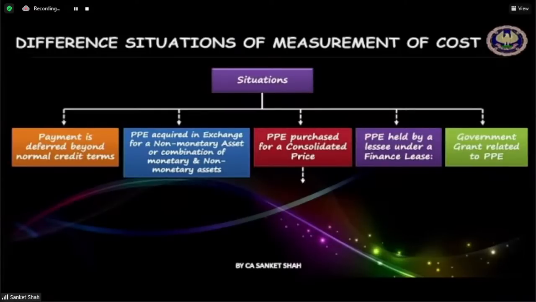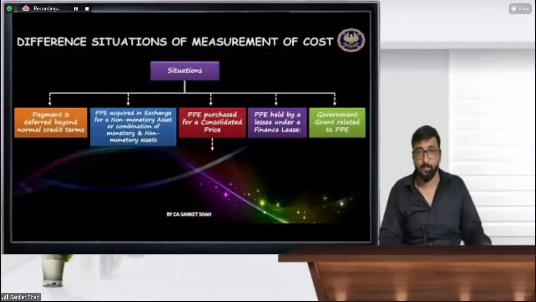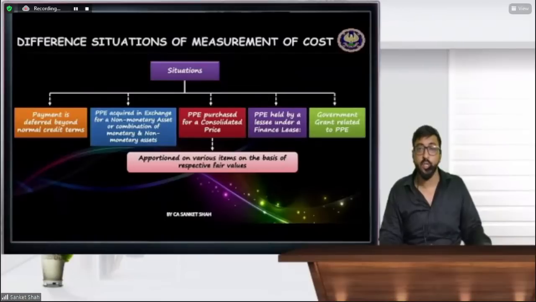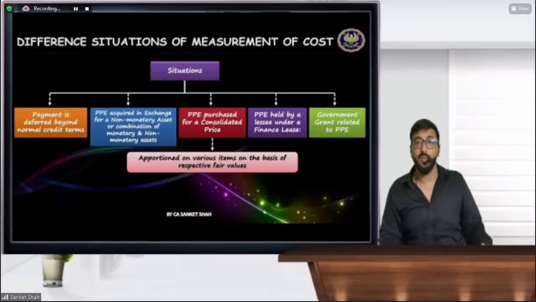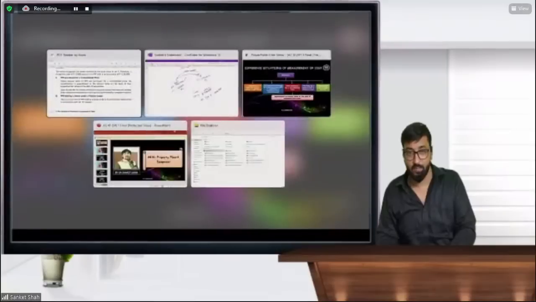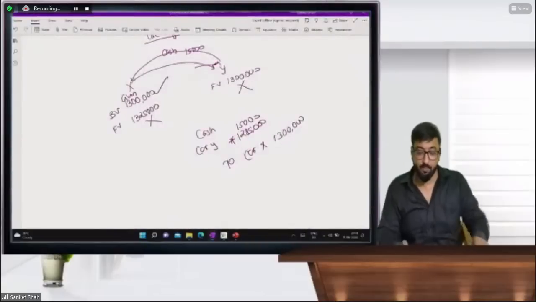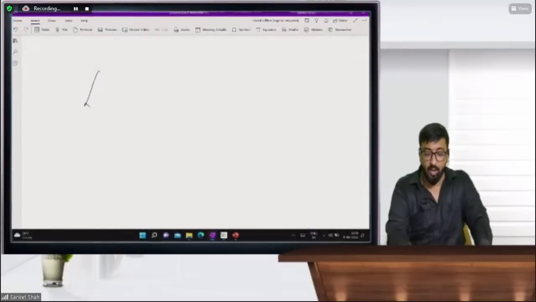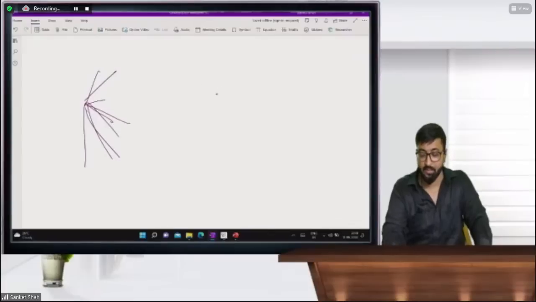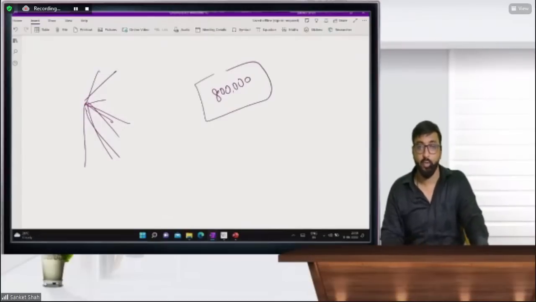In case PPE is acquired for a consolidated price, in that case, apportionment of various items on the basis of fair value. Now understand this concept. This is a very easy concept. Please understand. Suppose I bought many assets at rupees 8 lakhs. So this is a consolidated price I have given.